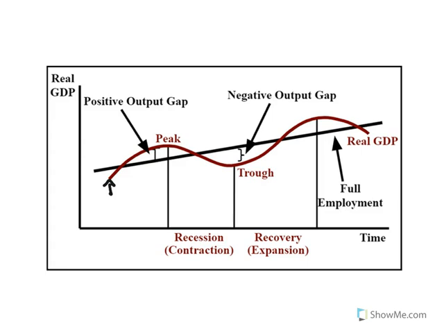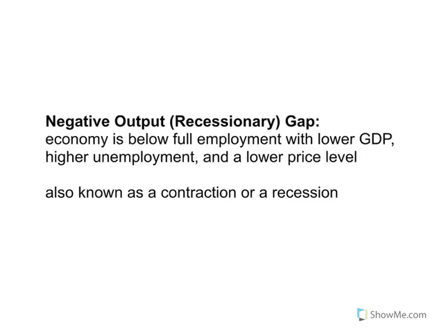So let's go ahead and do that by starting with negative output gaps. These are also called recessionary gaps because they model recessions or contractions in the economy, and it's when the economy is below full employment, below the black ascending line on the business cycle. And when you are in a recession or a recessionary gap or a negative output gap, a lot of names for the same thing, you have lower GDP, higher unemployment, and a lower price level, so deflation or less inflation.